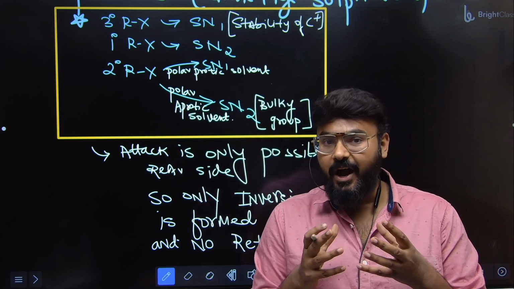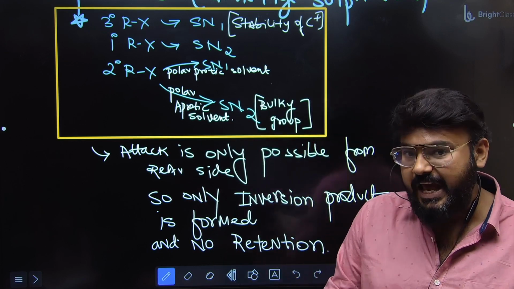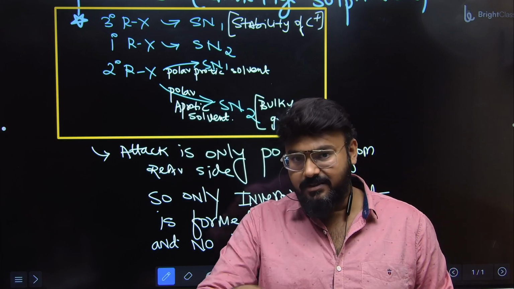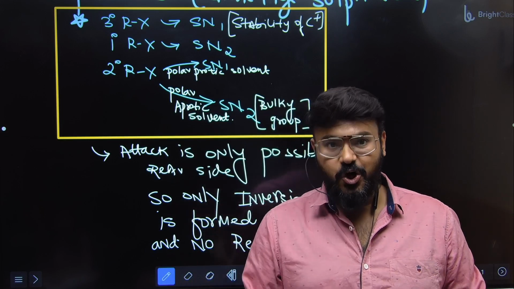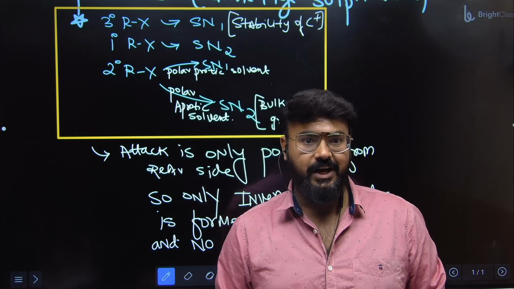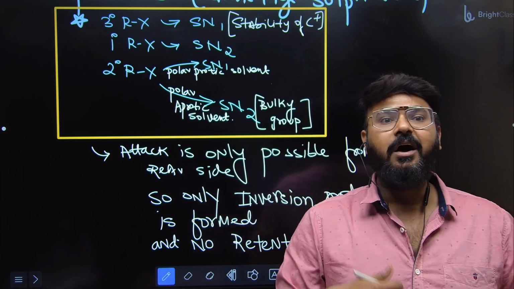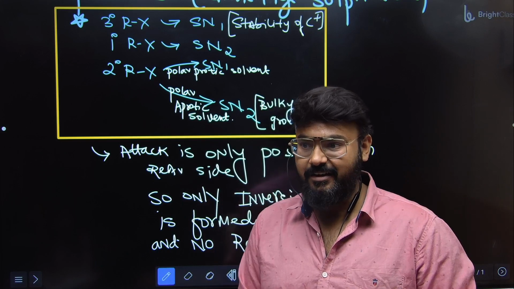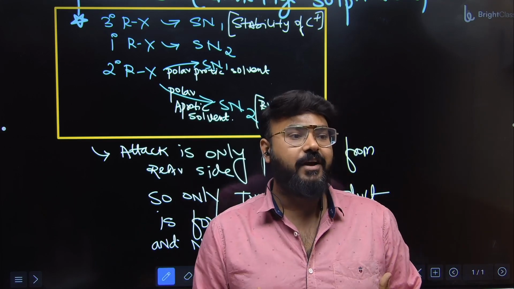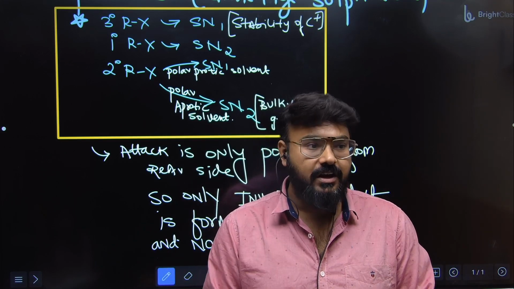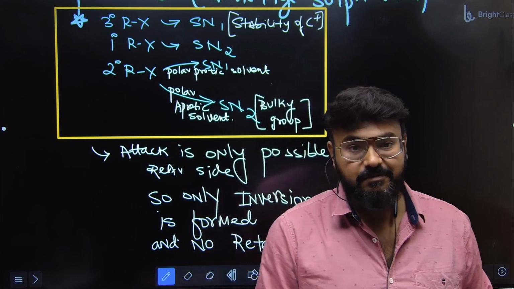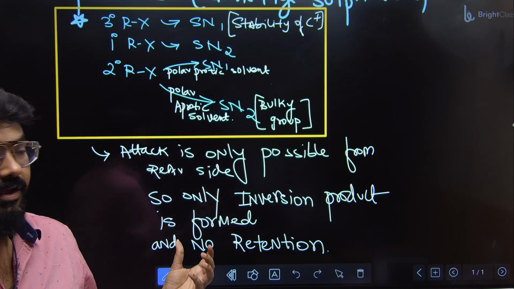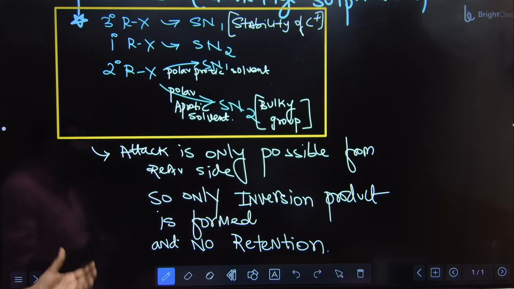So the old nucleophile is still there and all the reaction is happening in a single step. So it is not possible for a new nucleophile to come from the front. Is it clear? Because still the old nucleophile is there. So new nucleophile and old nucleophile will have a huge repulsion and reaction will not be possible from the front. Now I'll show you the mechanism, you will understand it better, okay? So write down this, then I'll show you the mechanism.